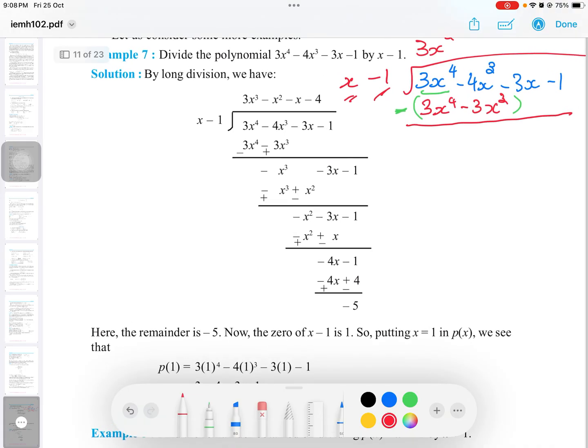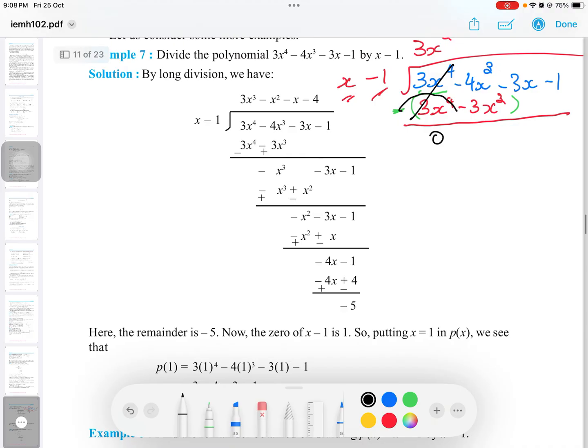Now 3x power 4 minus, you're going to multiply it inside, the distributive property. All right, so minus 3x power 4, this would be cancelled. I mean, that will result in 0.